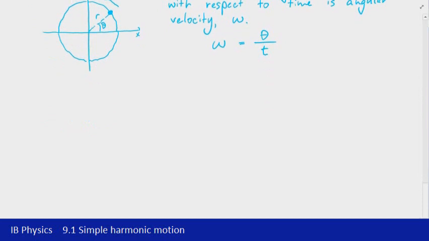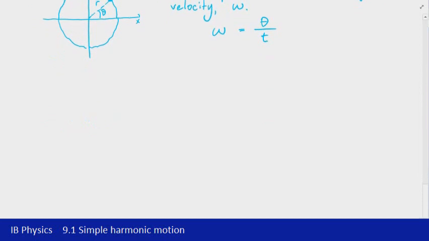So there's the calculation that we could use for angular velocity. Note that I'm not highlighting that one. It's not one that's in the data booklet. It's just one that's helpful to keep in the back of your mind.